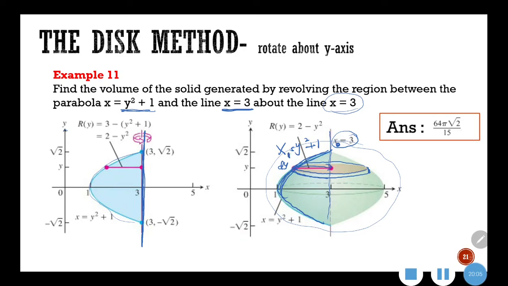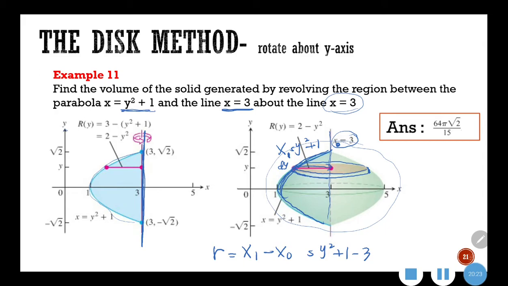Let's say I put this as x1, y squared plus 1. So meaning your radius is x1 minus x0, so y squared plus 1 minus 3.